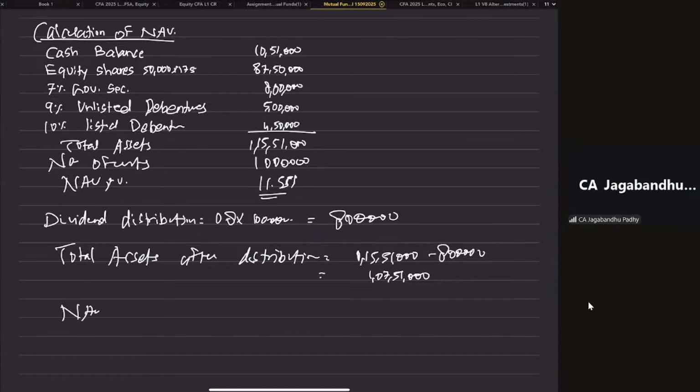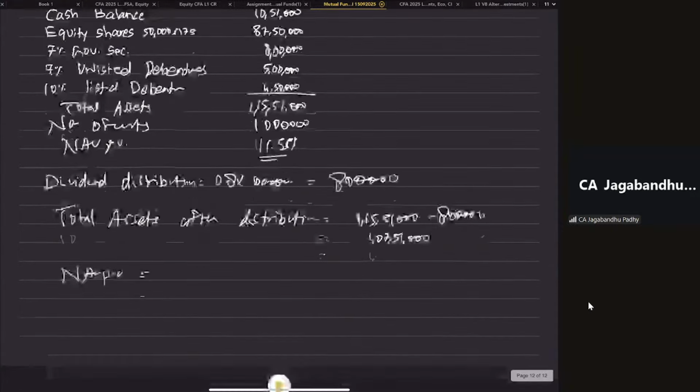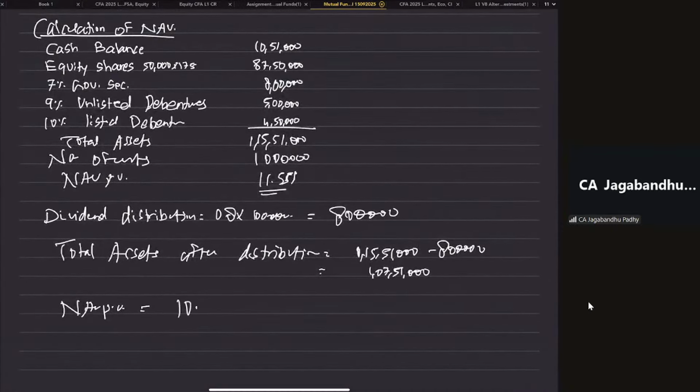And then the NAV per unit would have been, of course, 10.751. NAV per unit would have been 10.751. Correct, guys? Yes.